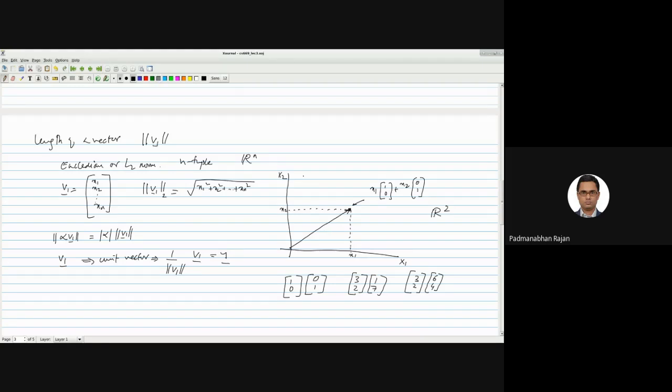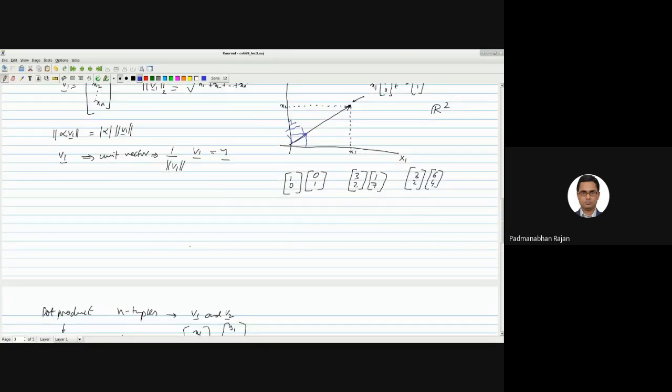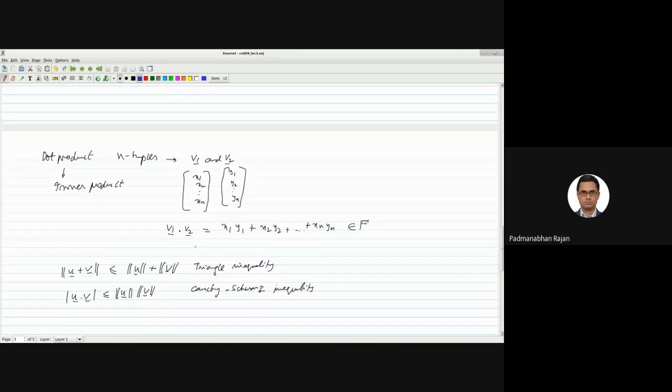Now when you divide it by its norm, it is essentially going to give you a vector like this in the same direction, but the length of this vector is going to be 1. That's basically what it means. Anyway, if you are not familiar with these things, the problem solving session on Wednesday will help you.